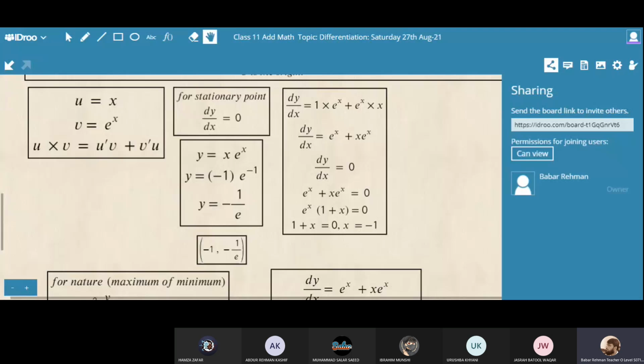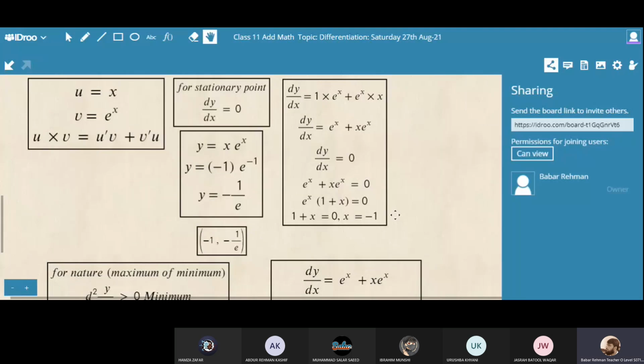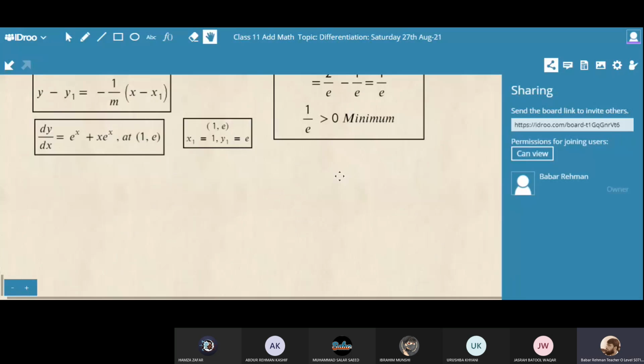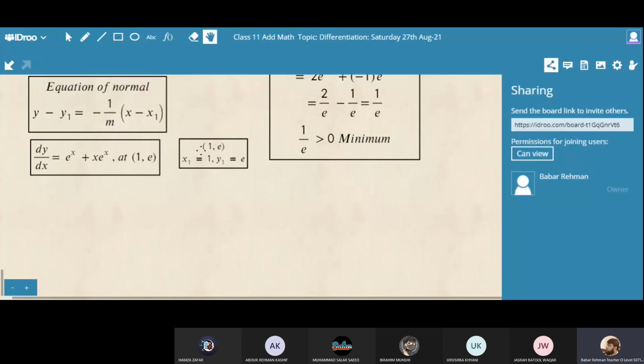So students, if you input these values, x1 is 1 and y1 is e, you will get this answer in this equation.